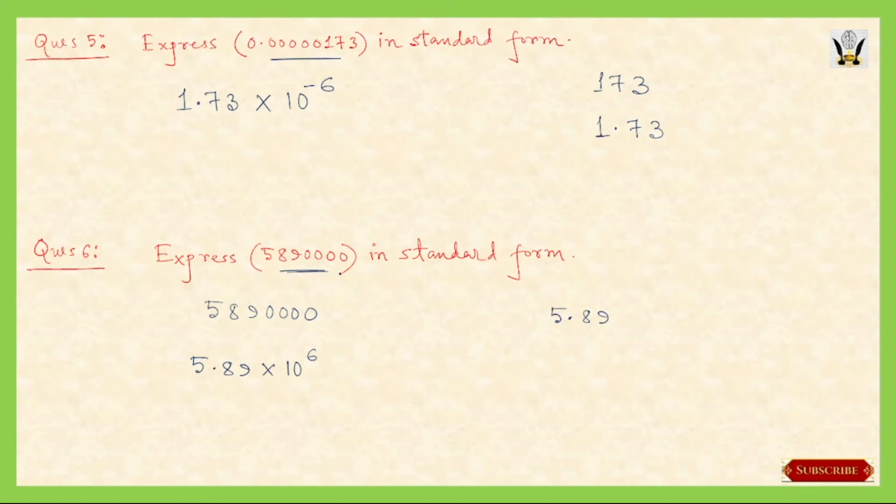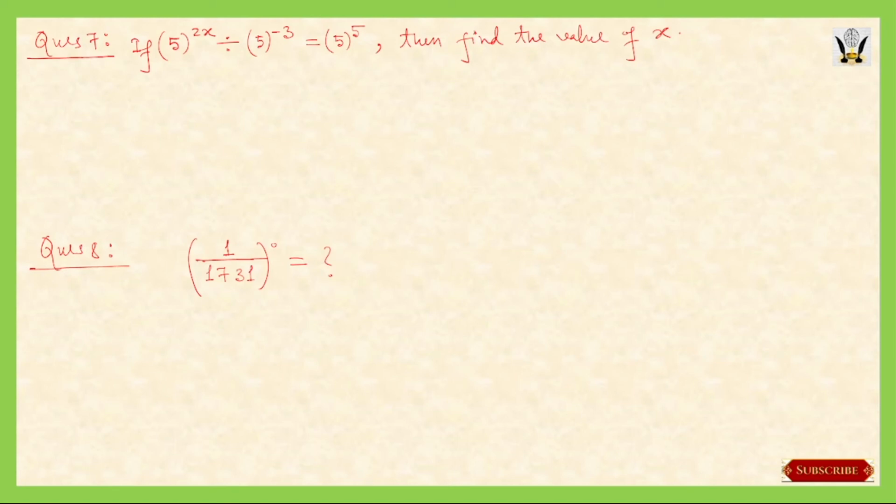Now we will move on to the next question. It is given in the form of an equation: 5 to the power 2x, when divided by a value given in the form of a negative exponent, 5 to the power minus 3, the result is 5 to the power plus 5.